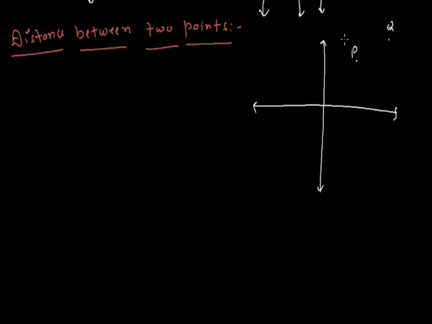The coordinate of P is (x1, y1) and the coordinate of Q is (x2, y2). We have to find the distance between the points P and Q. We make a right angle triangle PQR.